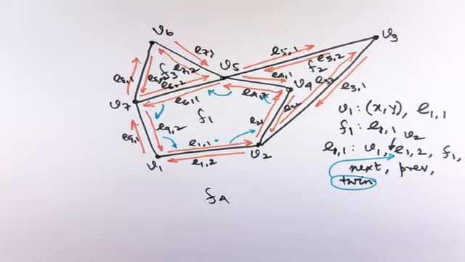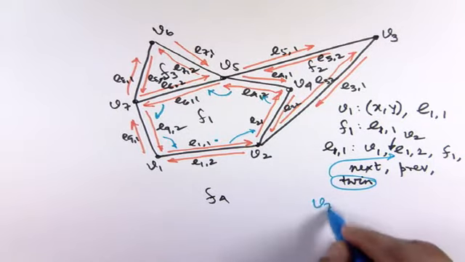How do you get all the edges at a vertex? Say at V7, how can you get all the edges that meet at V7? Let's represent V7.